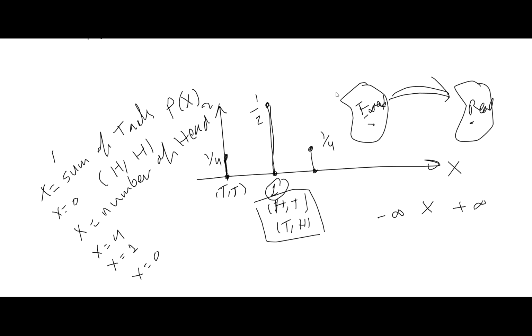Another thing I can say now: what is the probability that cosine of x equal to 1? Here x can be 2 or 1 or 0. For the cosine, you know that it usually starts with 1 and then it goes like this.